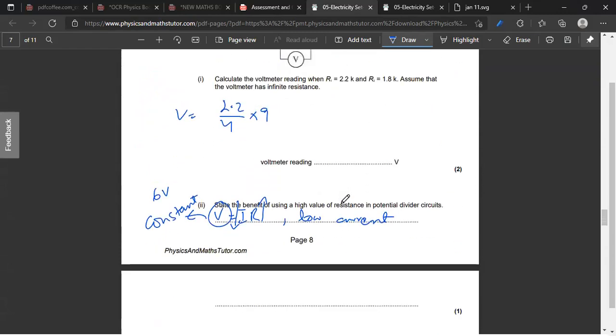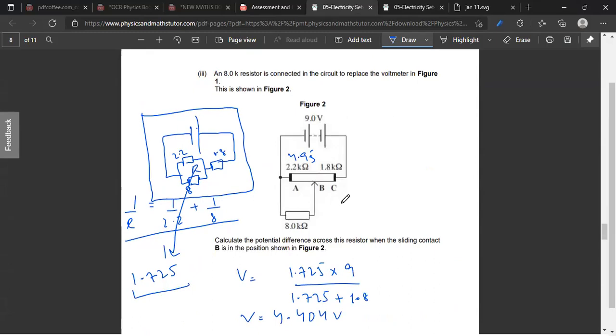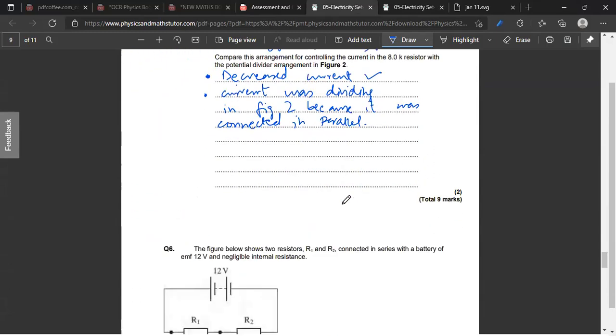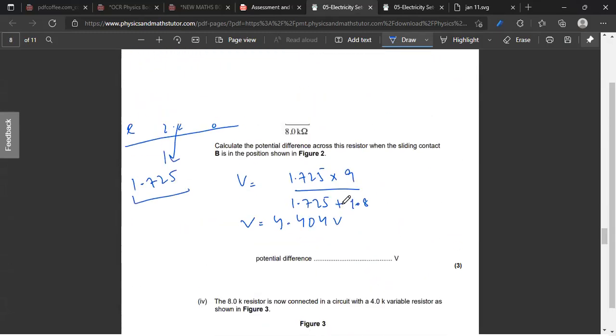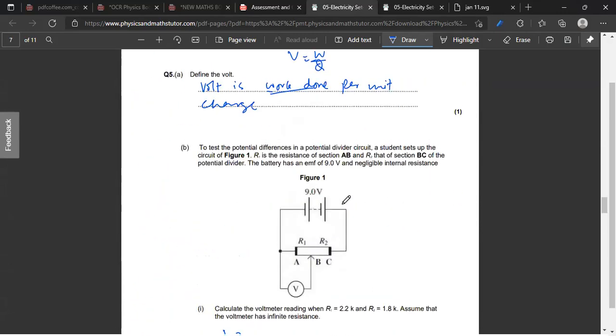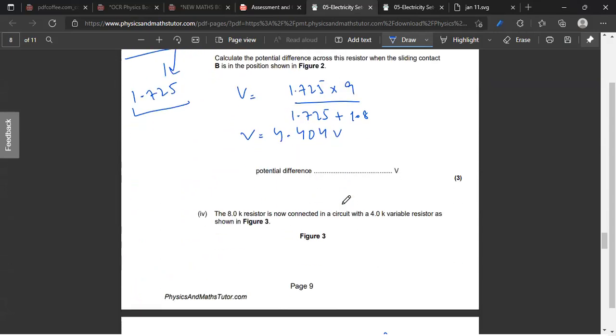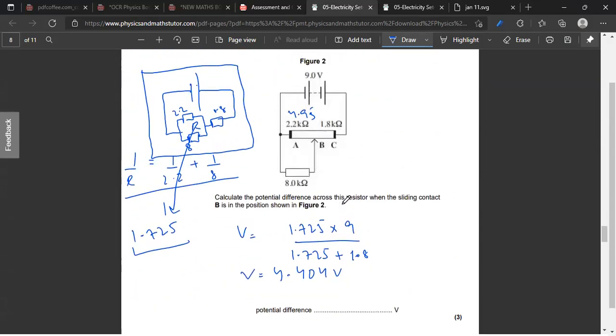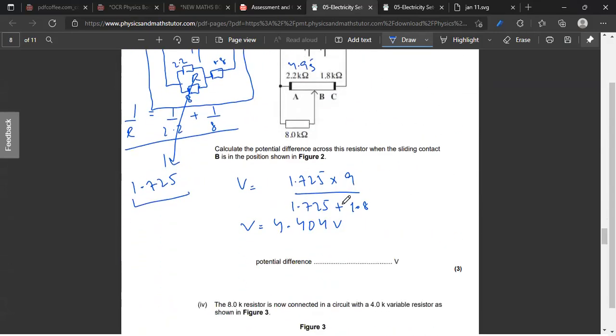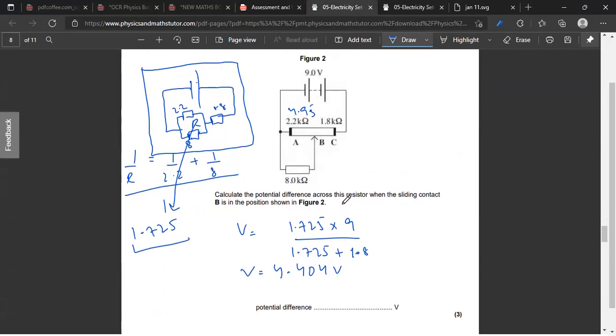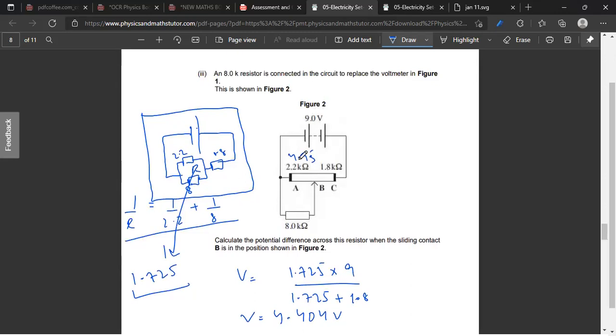No, but that's like a whole different question. So the thing is that the potential divider is actually controlling the current in figure 2.